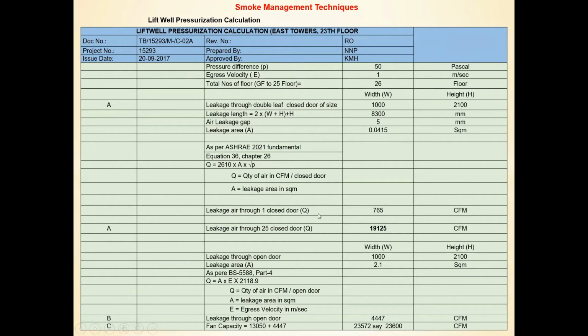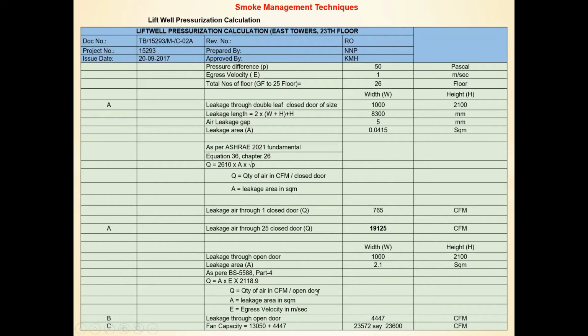So leakage through one closed door, putting the values in this formula, we get 765. For the leakage across 25 closed doors, it is 765 into 25, that is 19,125. Then there is only one open door in case of lift well. So the leakage past that will be Q equal to A into E into 2118.9.